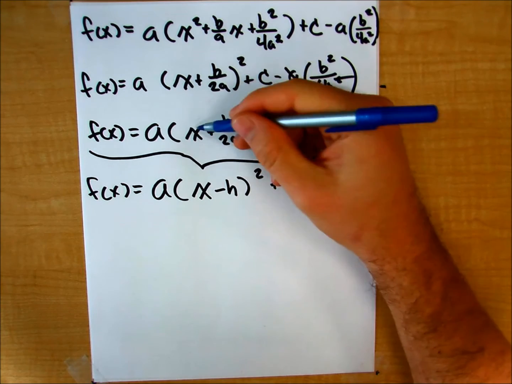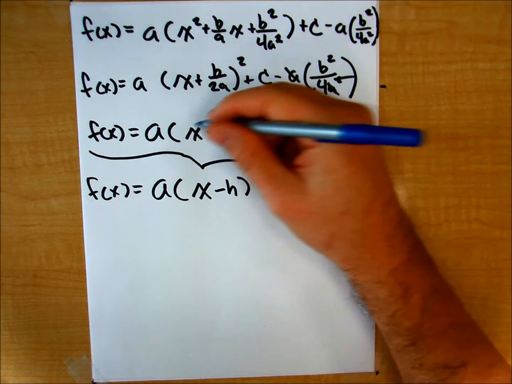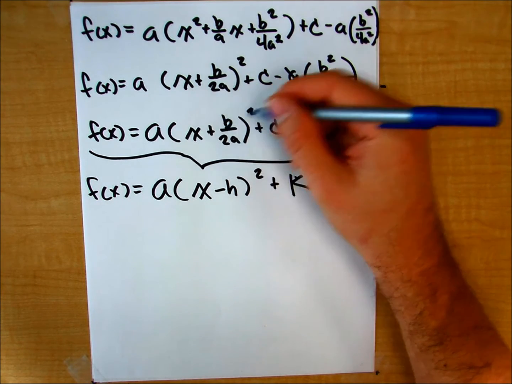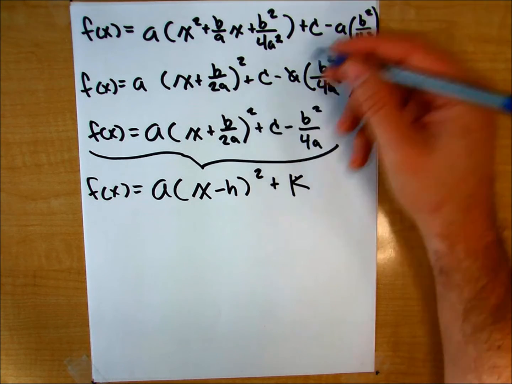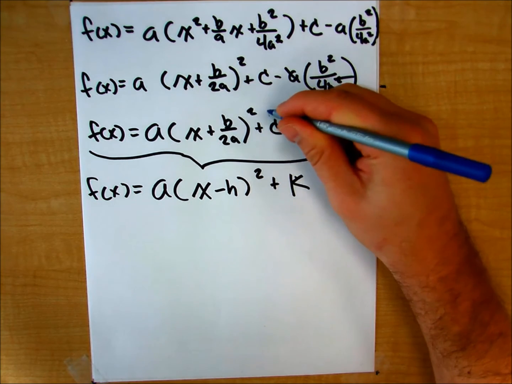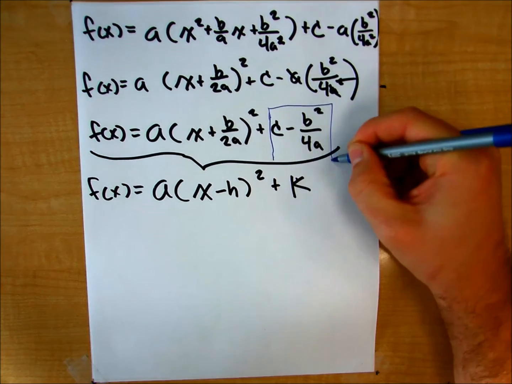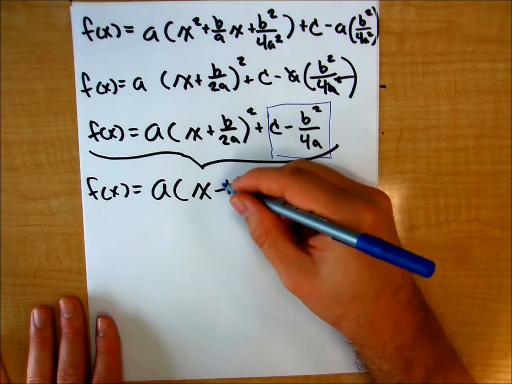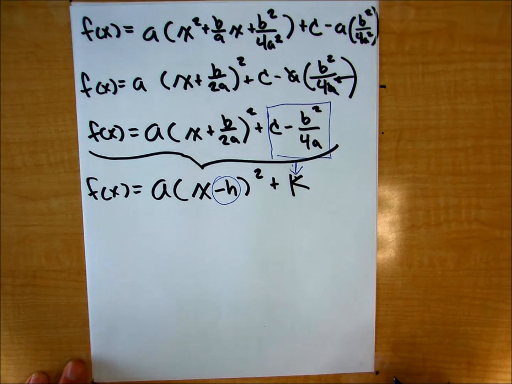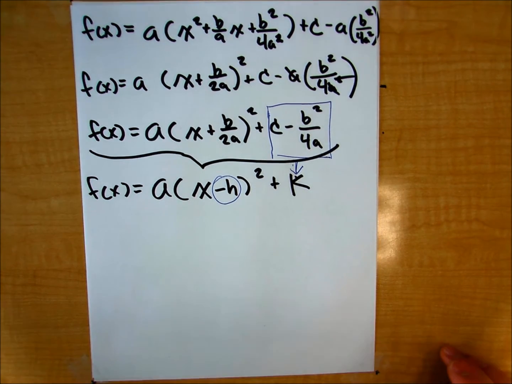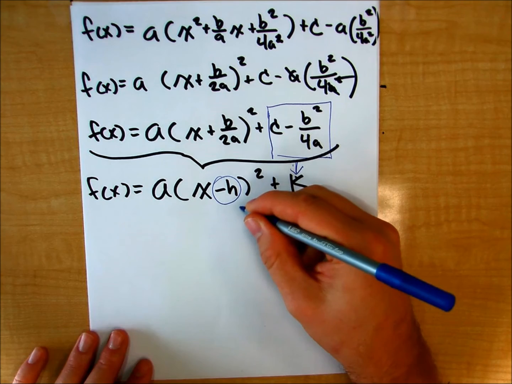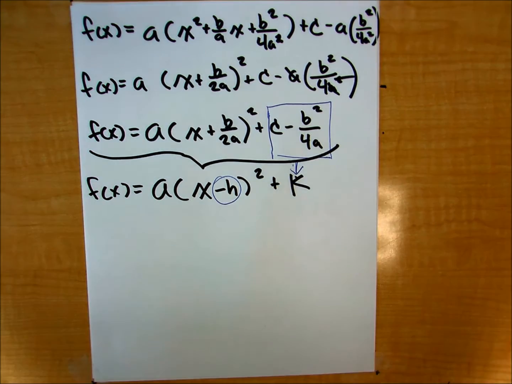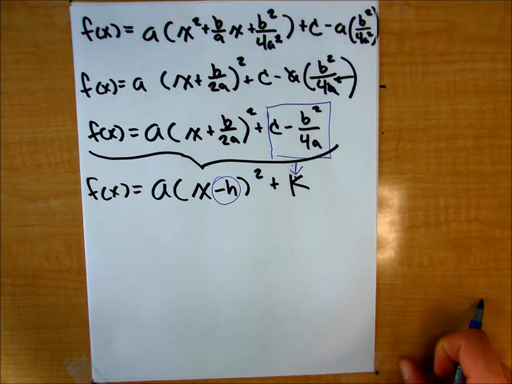Then I have something that sort of looks like a binomial squared, and then plus k. Maybe this is k. So this actually is my k term, right? And my h term here is going to be my axis of symmetry, or my x value for my vertex.